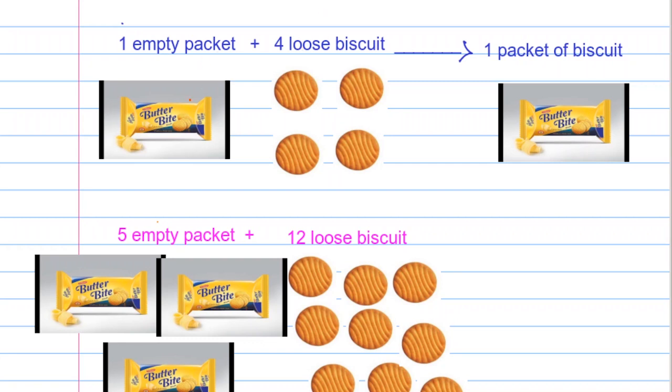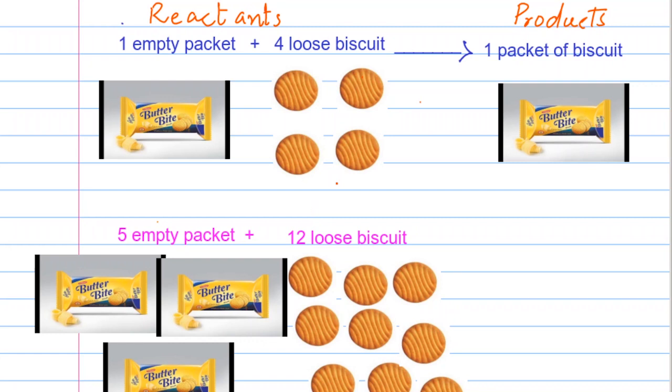This one packet of biscuit that is formed is the product. So one empty packet and four loose biscuits are the reactants, and one product will be formed after packing these four loose biscuits in one empty pack. So we will get one packet of biscuit.